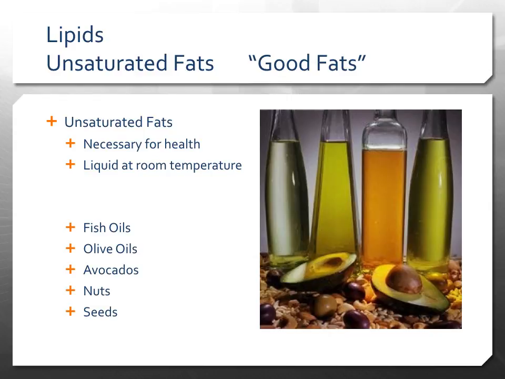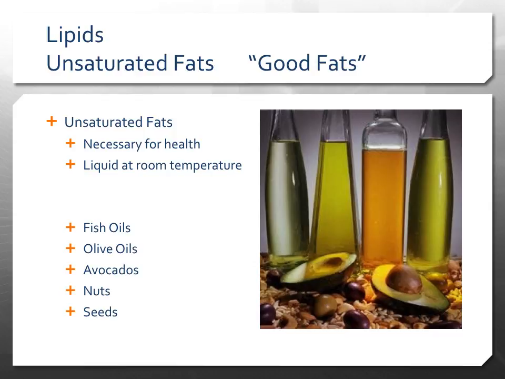Okay, these good fats, or unsaturated fats, these are necessary for health. Remember, we said that the outside of the cell membrane was made up of lipids. It's made of fat. Other parts of our body surrounding our organs are a layer of fat to keep them protected and keep them warm.